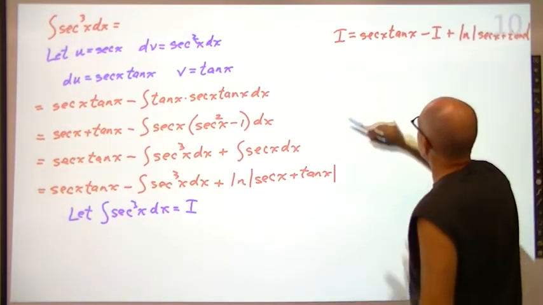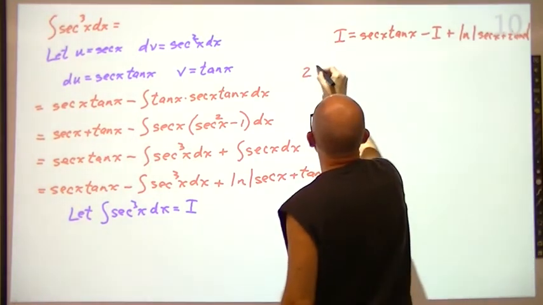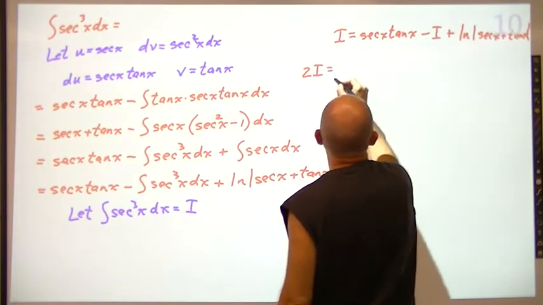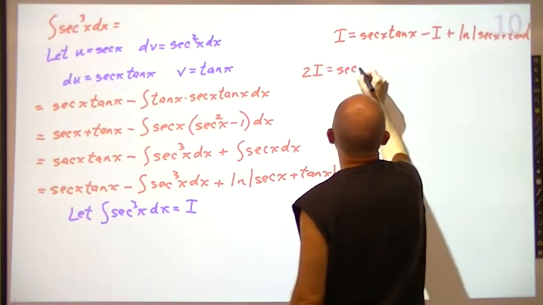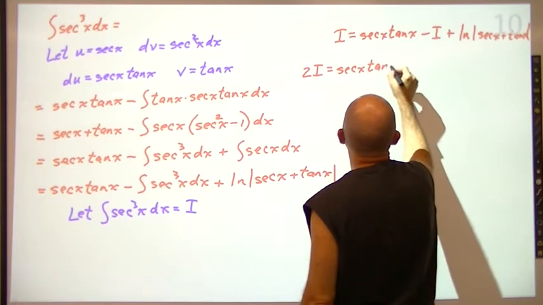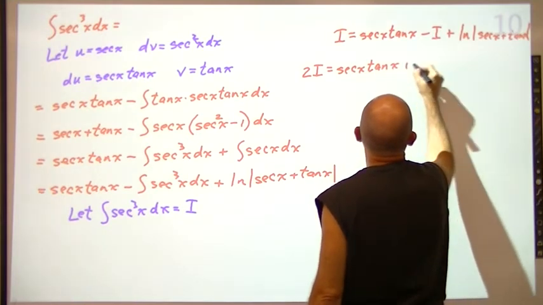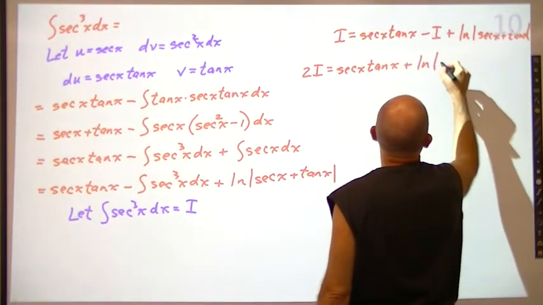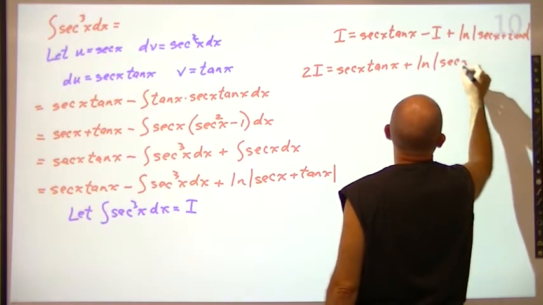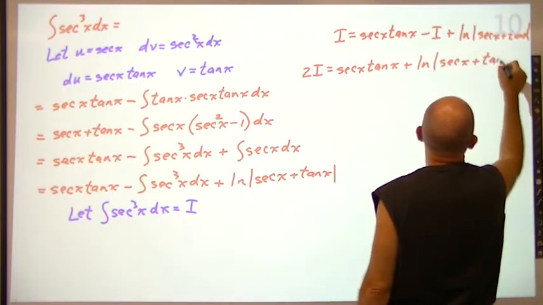Okay, so we're trying to find out what I equals, what the integral of secant cubed is. So we add that to the other side, and we have 2I equals secant tangent plus natural log of secant plus tangent.